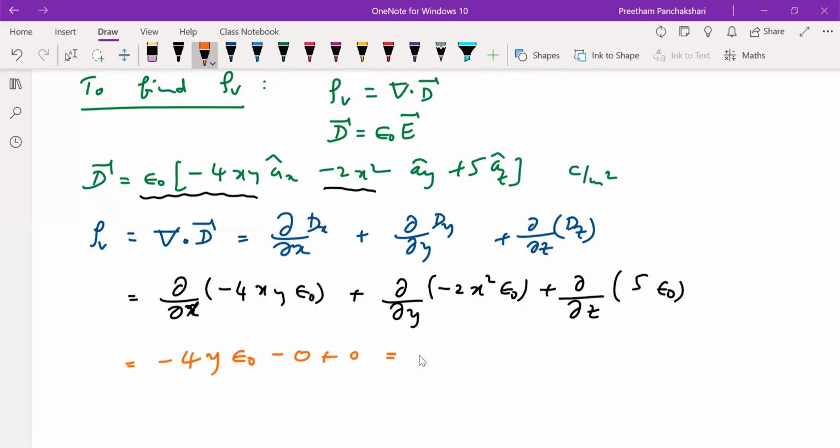So now finally, we got minus 4y epsilon naught. This is going to be our volume charge density.